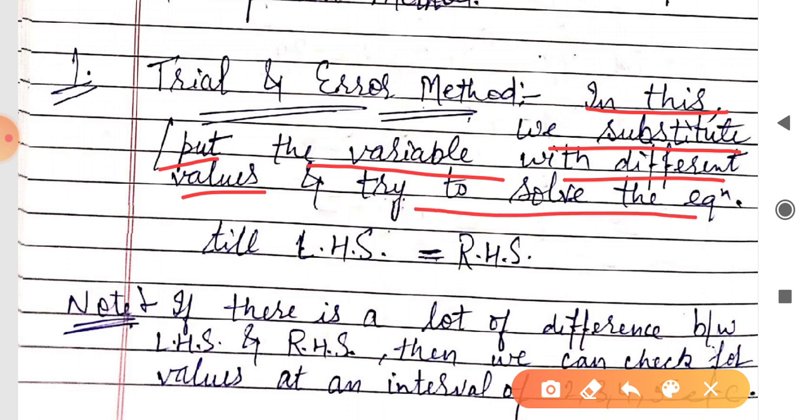We go on putting the values of variable from 1, 2, 3, 4 and so on, till left hand side is equal to right hand side. When left hand side is equal to right hand side, then the procedure will stop, and that will be the value of the given variable.